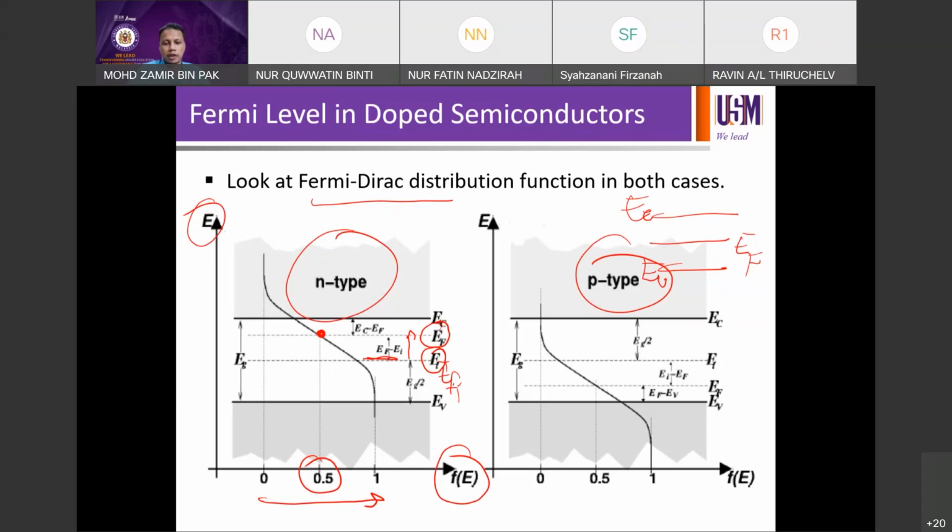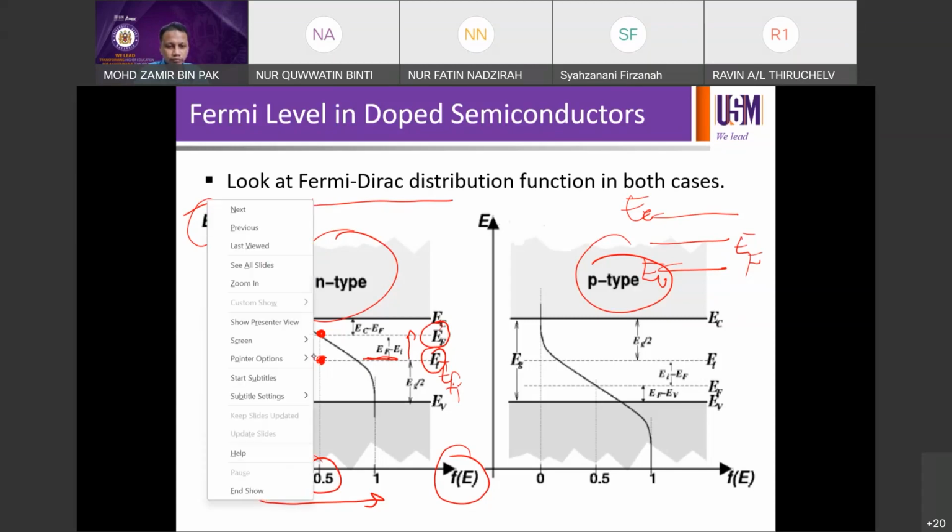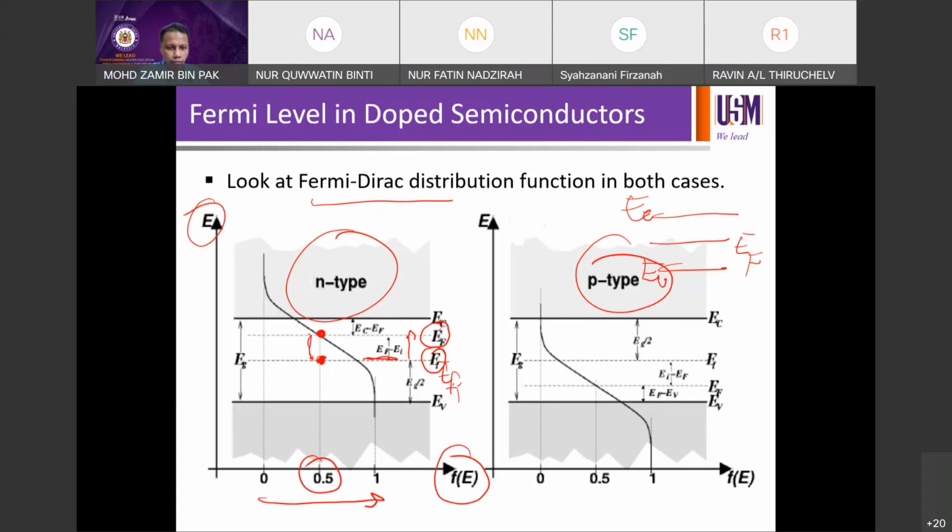You can see how the center point changes from intrinsic, right in the center, to N-type, which is now closer to the EC. The center point is the main point. You may miss the curve, but the center point is the main point. So if you're asked to draw E versus F(E) of the Fermi-Dirac distribution function for N-type versus intrinsic, you should be able to sketch this.